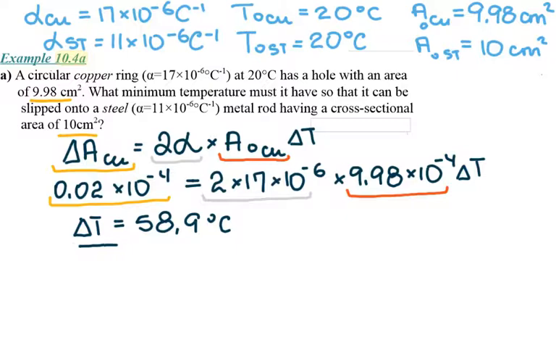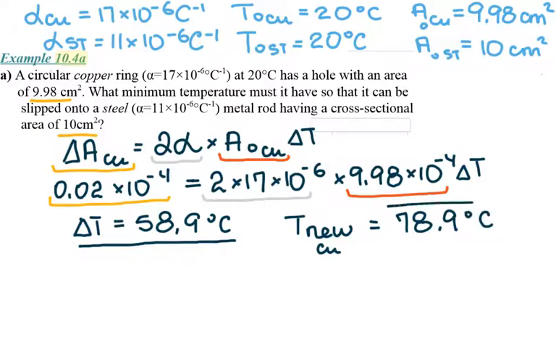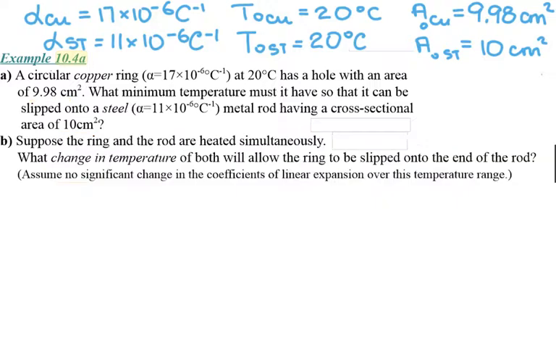So they ask at what temperature they will have the same area. So the new temperature of copper must be equal to 78.9 degrees Celsius, because the temperature change has to be 58.9, and we started at 20 degrees Celsius.